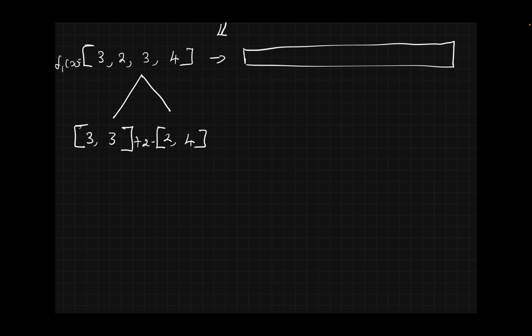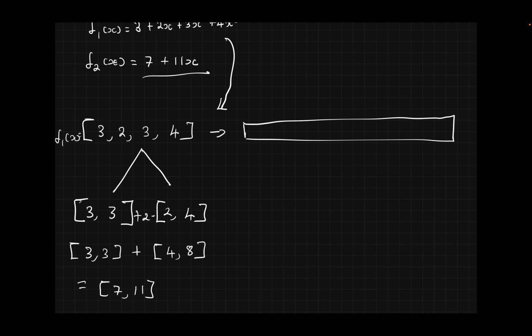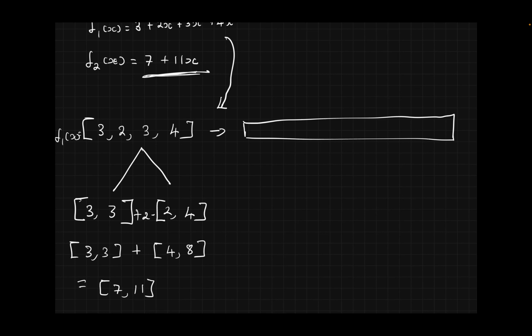So that'll be 3, 3 plus 2, 8. If we sum this, that's 7, 11. And that's exactly the folded polynomial. So it's very easy to fold when you're in coefficient form.